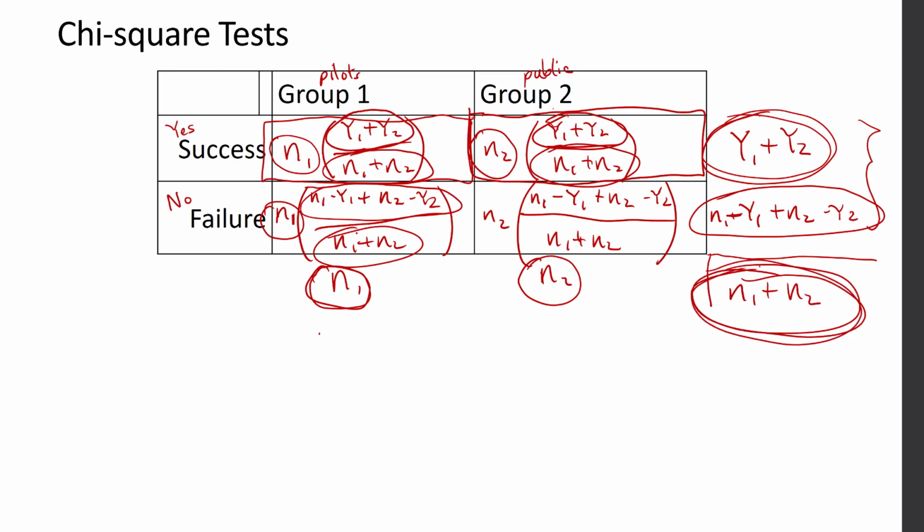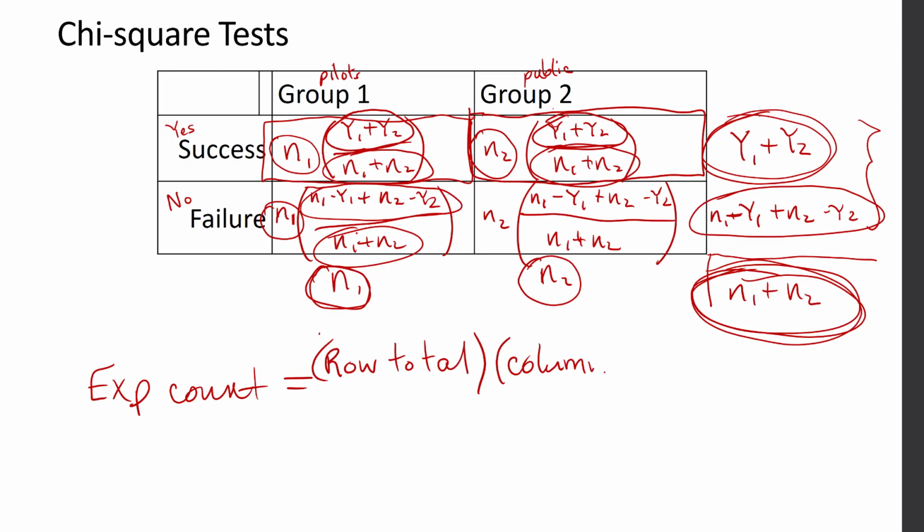So the way that you're going to get each expected count is going to be to take row total times column total divided by what I call total, or table total.